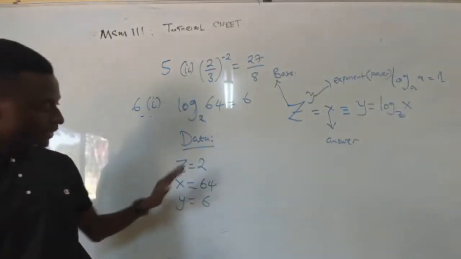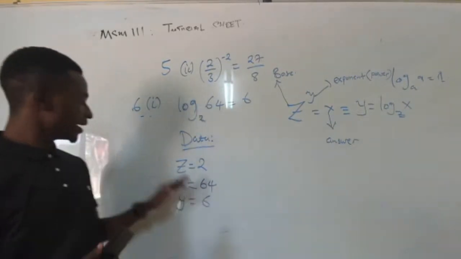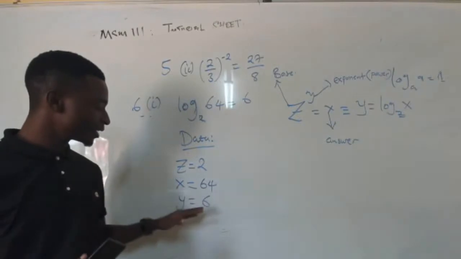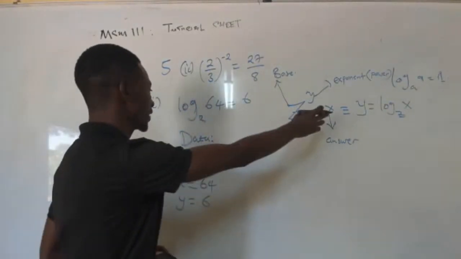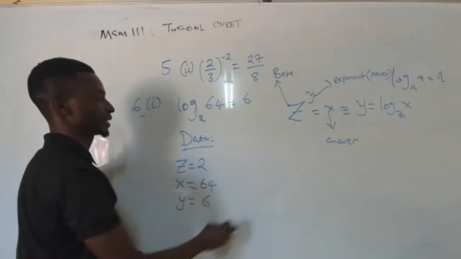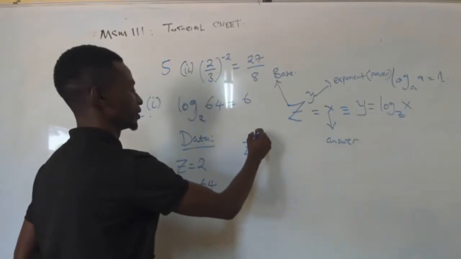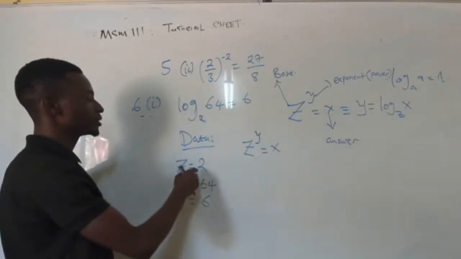So we've collected data now. We have z equal to 2, x equal to 64, and y equal to 6. So now let's substitute. The formula is there that you can use. We have z to the power y equal to x.